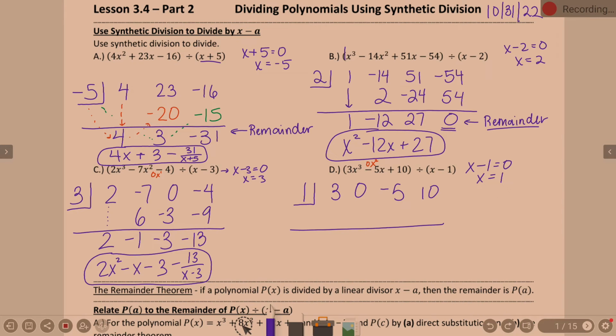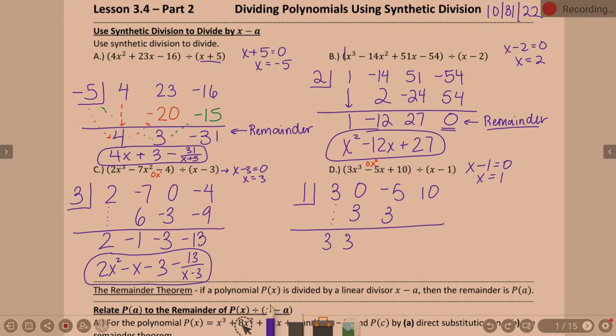Okay. Process is good now. Bring your 3 down. 1 times 3 is 3. That goes under my 0. 0 plus 3, 3. Multiply again. 1 times 3, 3. That goes under my negative 5.